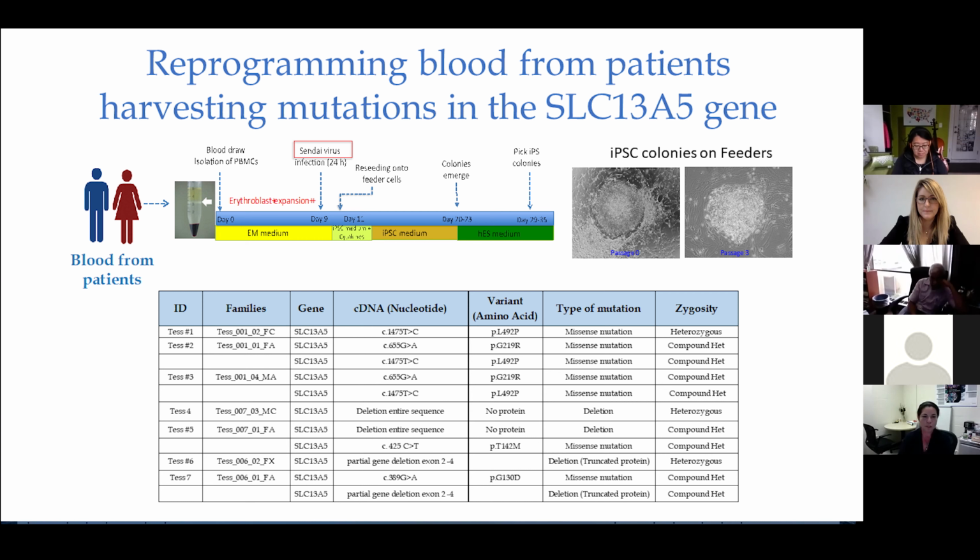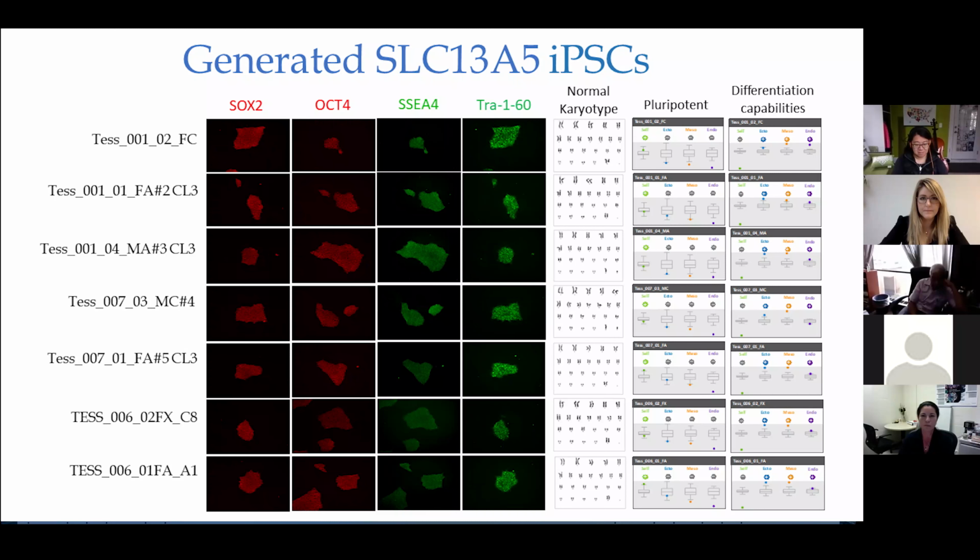So far we received 7 patient samples from different individuals harboring different mutations, as we can see here. And once we reprogram these samples, I think everybody has seen this table. These are the 7 iPS lines we made.